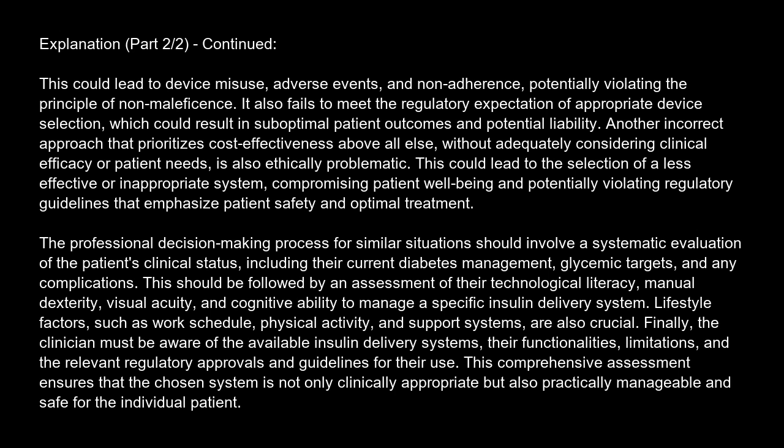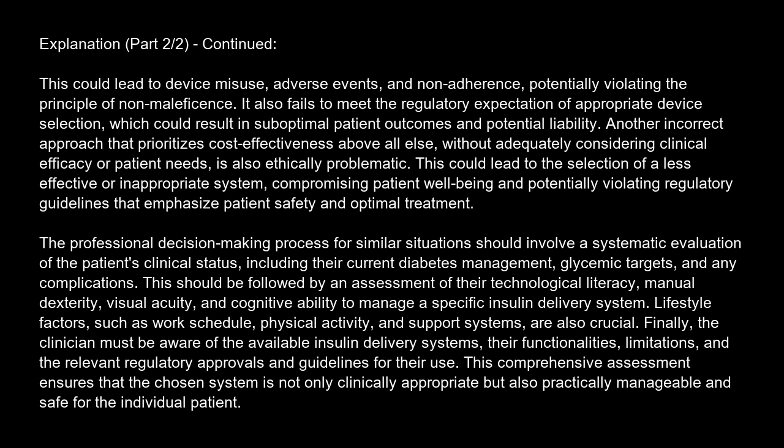The professional decision-making process for similar situations should involve a systematic evaluation of the patient's clinical status, including their current diabetes management, glycemic targets, and any complications. This should be followed by an assessment of their technological literacy, manual dexterity, visual acuity, and cognitive ability to manage a specific insulin delivery system.